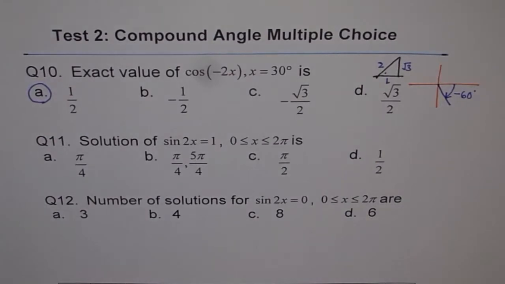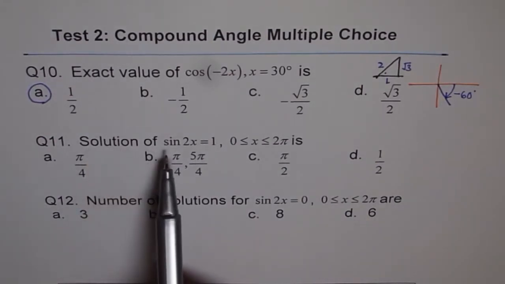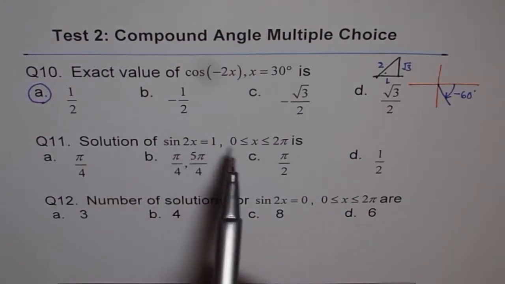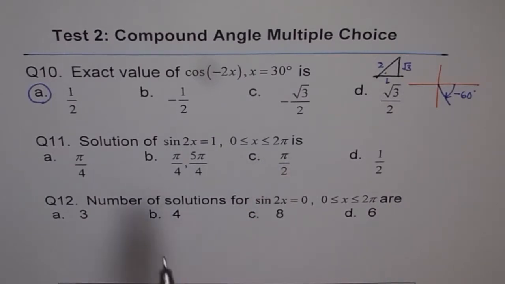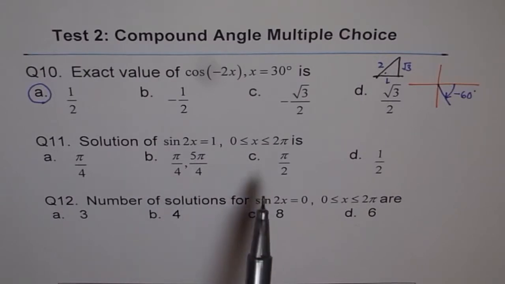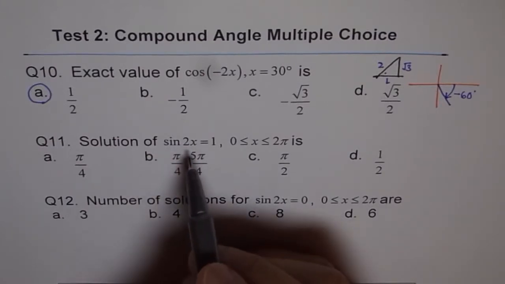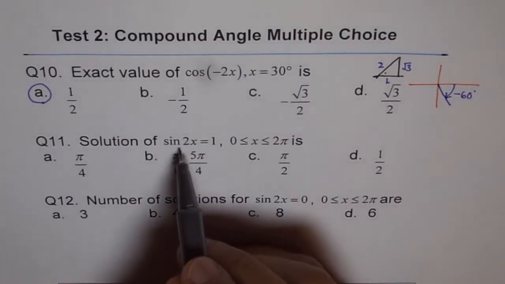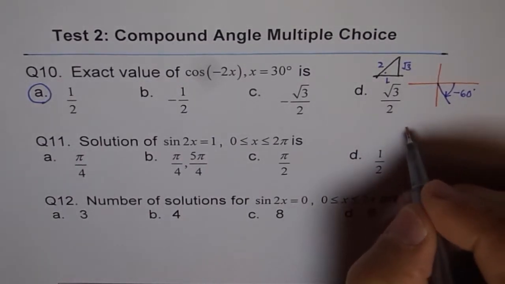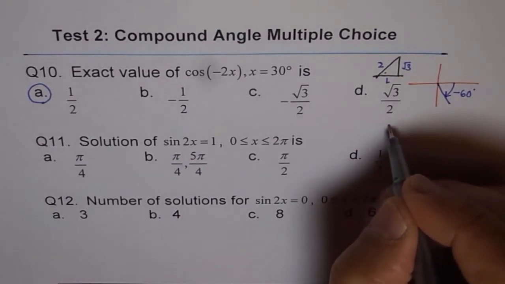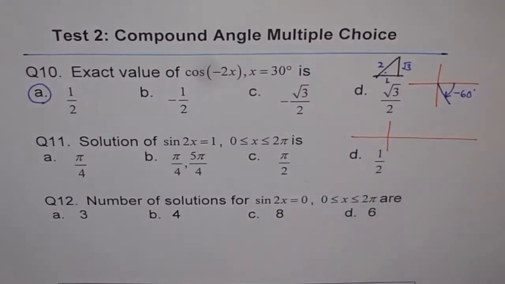Question 11. Solution of sine 2x equals 1, where x is between 0 to 2 pi. We have 4 different choices here. Normally what we do is, we know sine 2x is 1, so we think that means this angle 2x should be pi by 2. The sine wave always is like this.